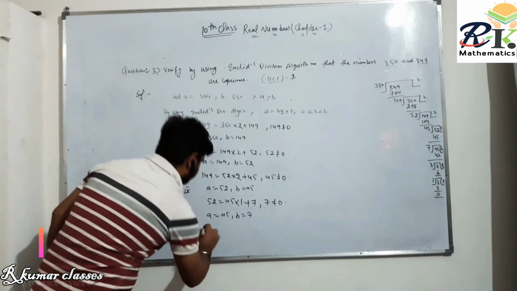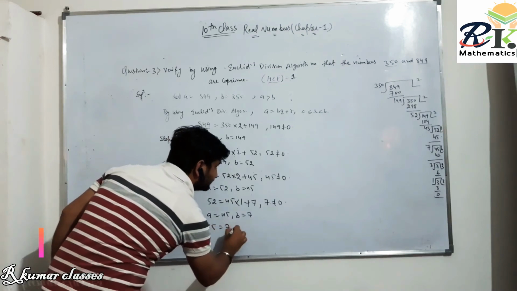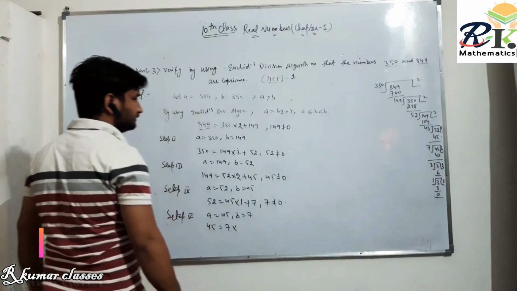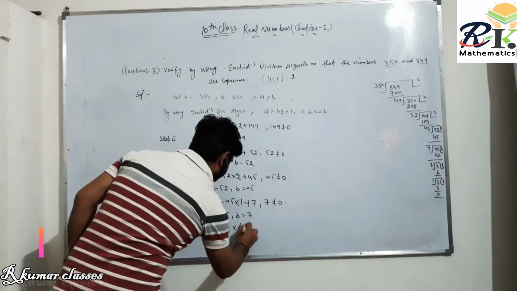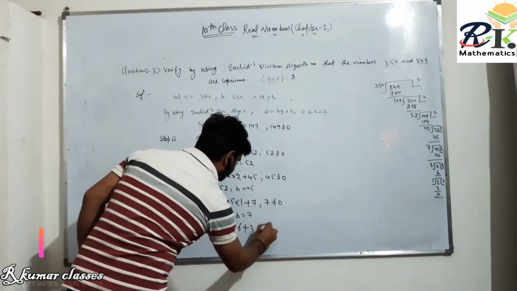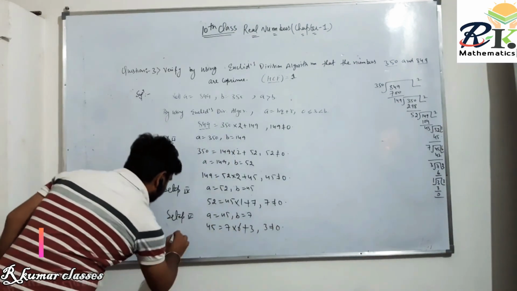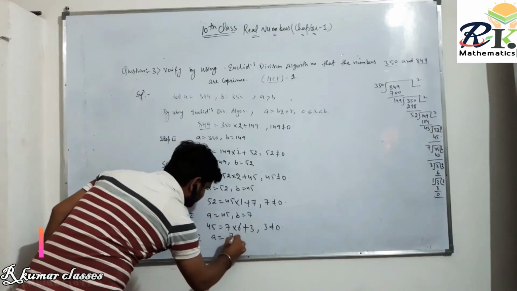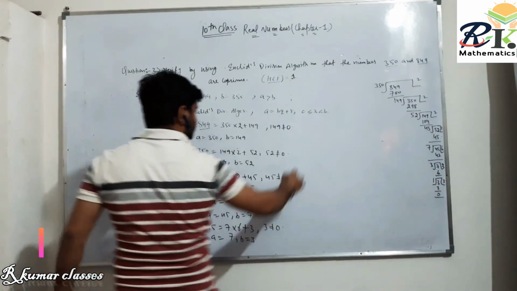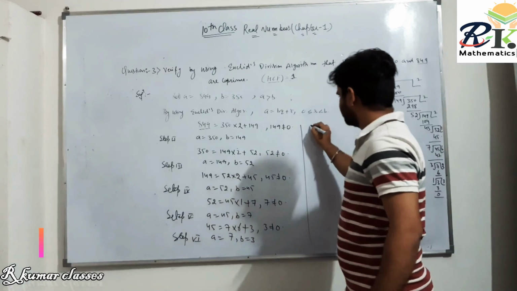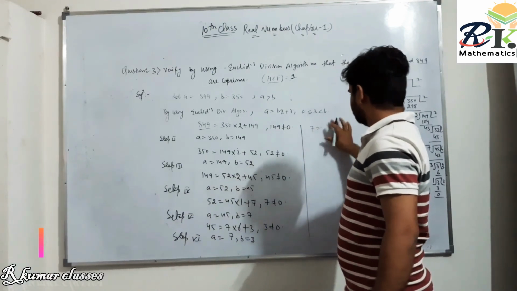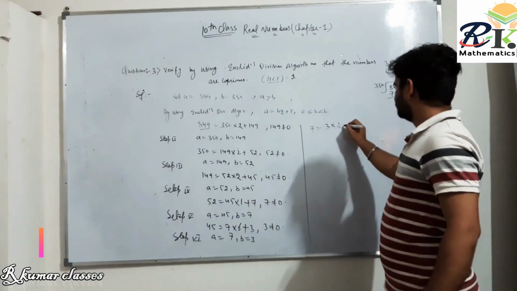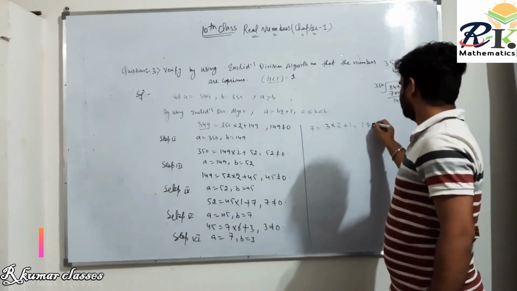So 45 is equal to 7 into 6, so the remainder is 3. 3 is not a 0 remainder. Step 6: in step 6, a is 7 and b is 3. So here we write 7 is equal to 3 into 2 plus 1. 1 is not 0.